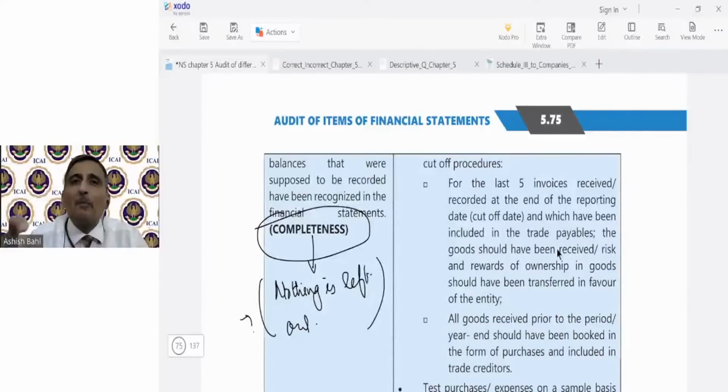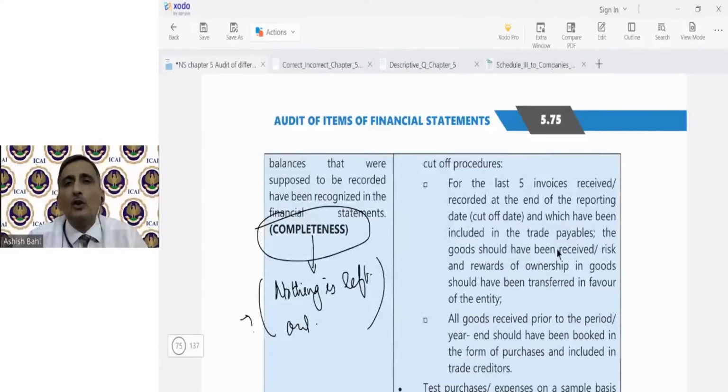But students, you should not write in the paper that nothing is left out. In the paper you have to write that all the balances which were supposed to be recorded have been recognized in the financial statements. That is the language of auditing. I am simplifying it for your understanding. Okay.